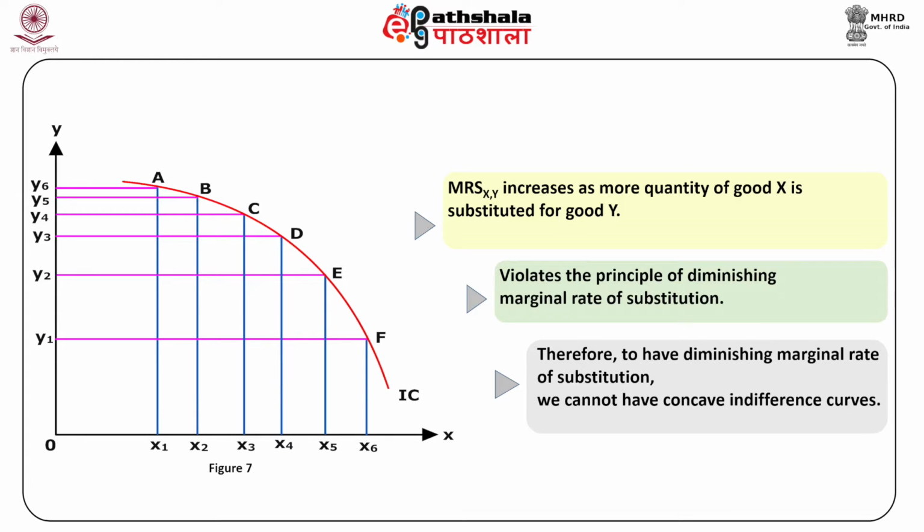Therefore, in the presence of diminishing marginal rate of substitution, we cannot have a concave indifference curve.